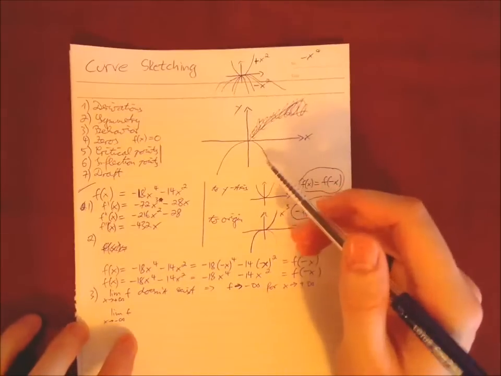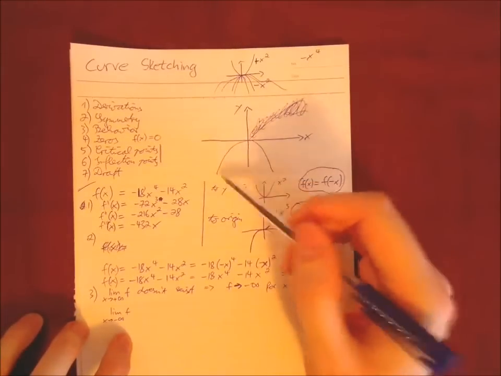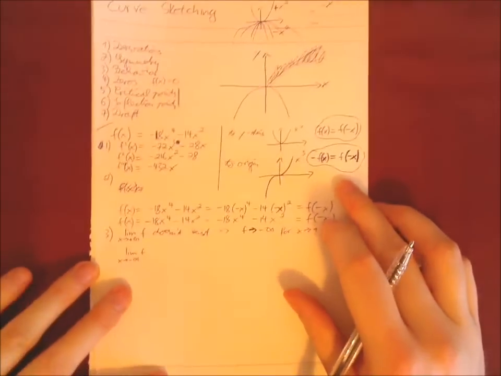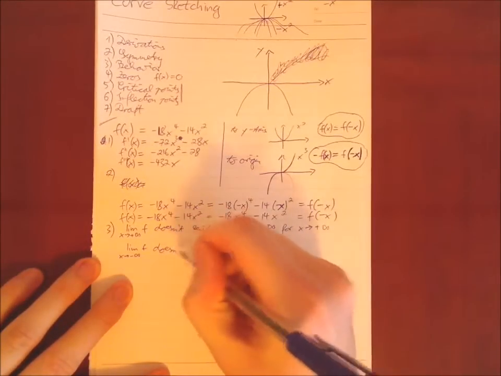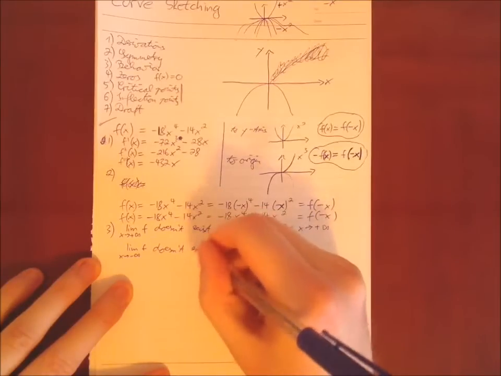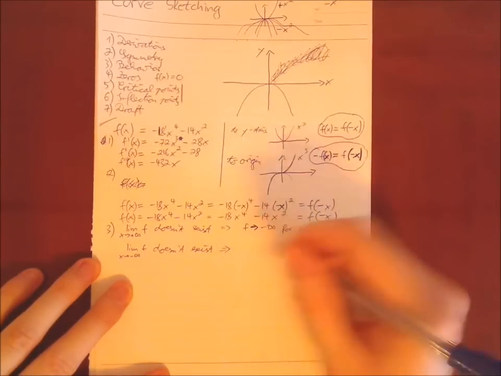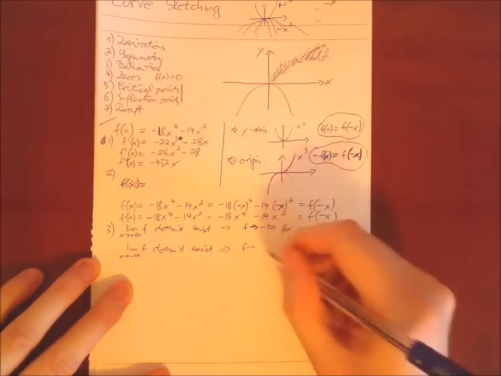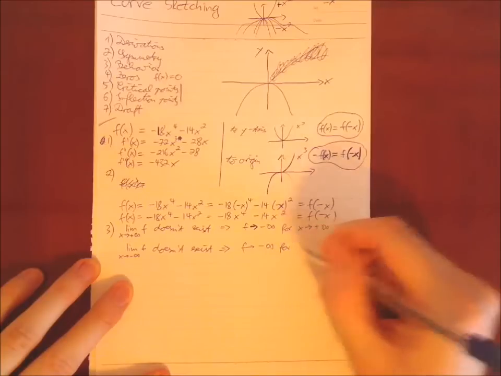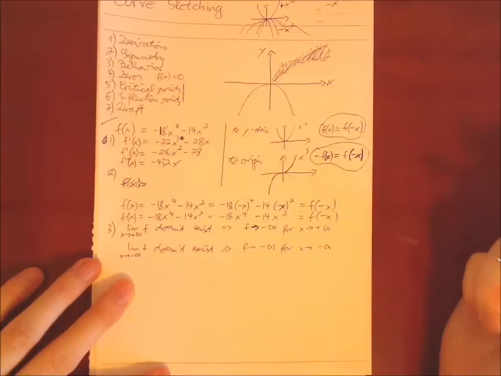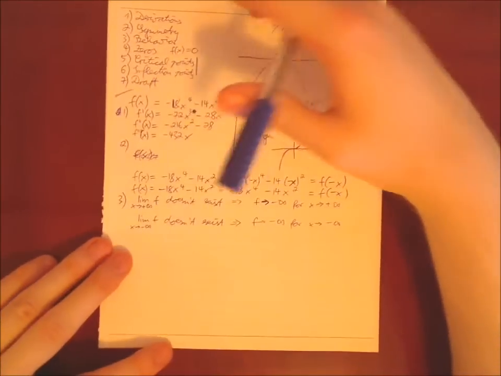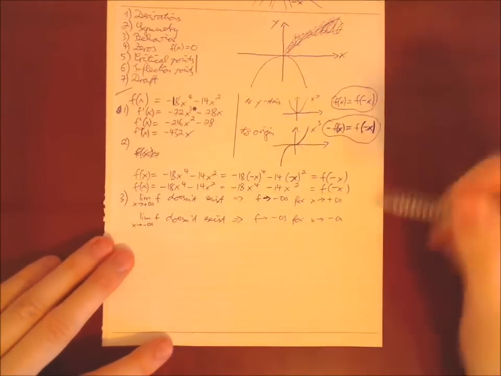If you remember our draft, minus infinity, and then what does f do? f goes also to minus infinity. The limit doesn't exist. Now we can say f goes to minus infinity for x going to minus infinity. So the behavior of the function is done.